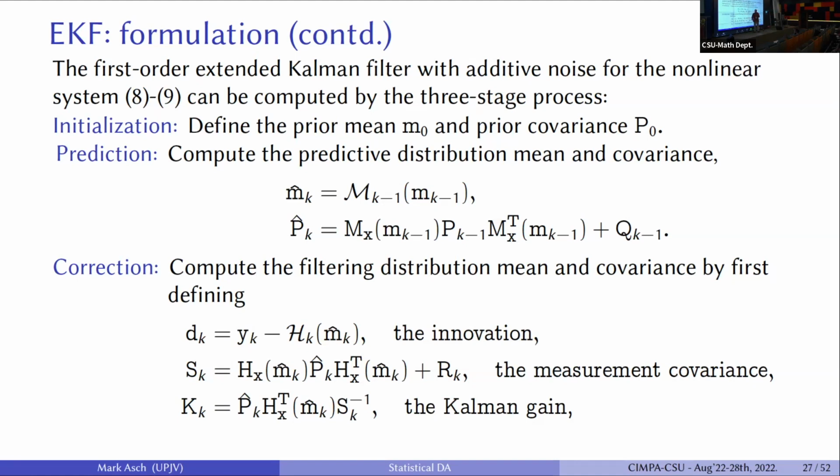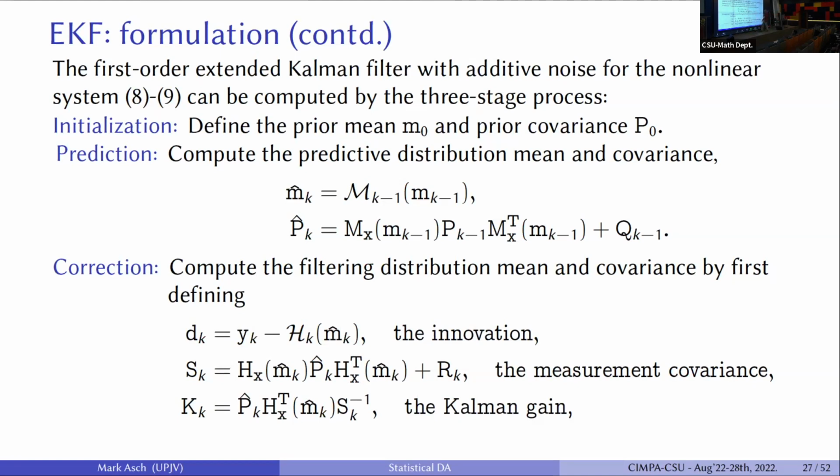M(x) and h(x) are linearizations obtained by first order Taylor expansions, truncating at the first order. So it's a true linearization: I do a first order Taylor expansion, and I throw away the quadratic terms and higher.